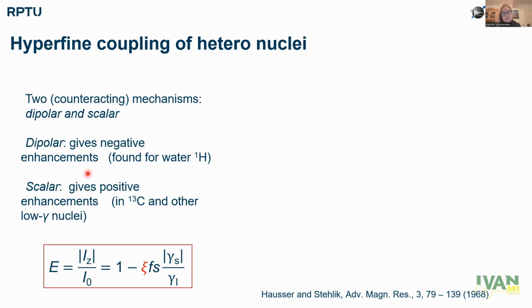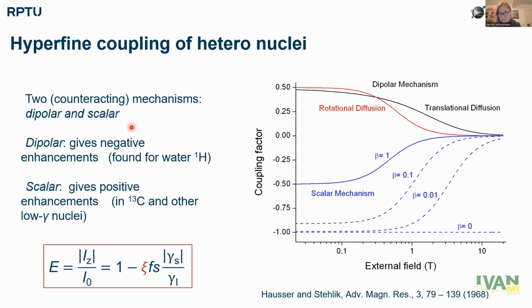But if you look for carbon-13 or other low gamma nuclei, they mostly give you positive enhancements, but in many, many molecules, there's still a huge dipolar interaction also present. And because these are of different signal sign, they can cancel each other. And in terms of hyperpolarization, it's really, really bad because you have a positive hyperpolarization and a negative one, and they just cancel out, and you end up with nothing in the end.